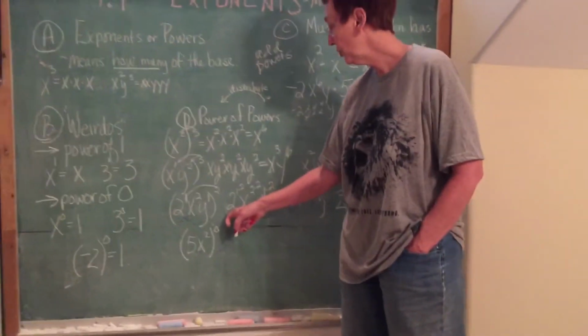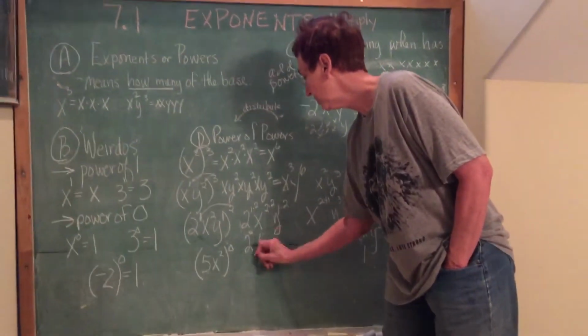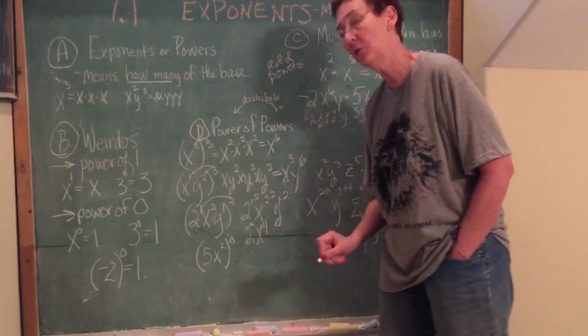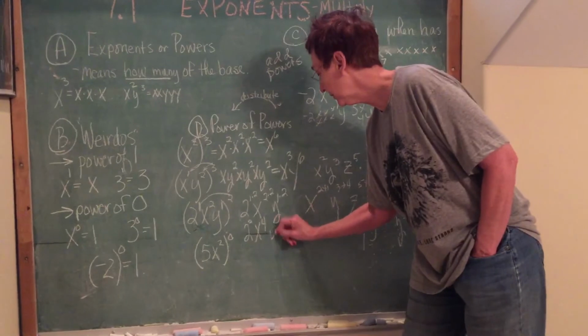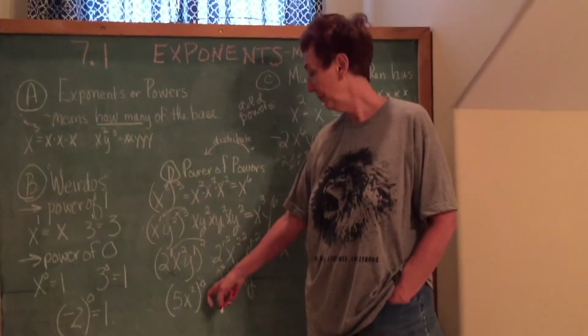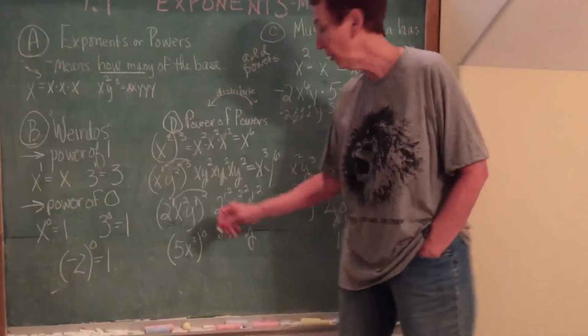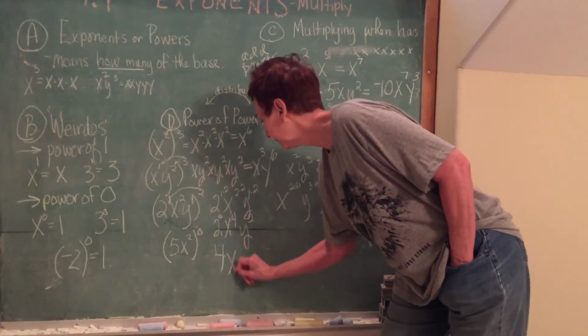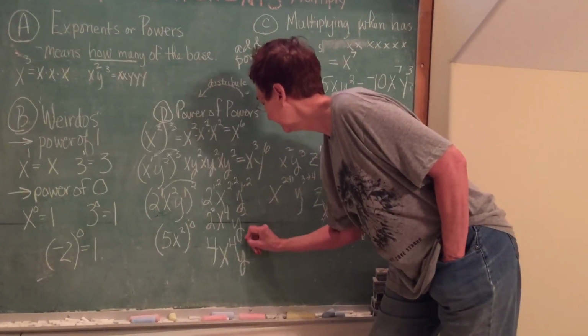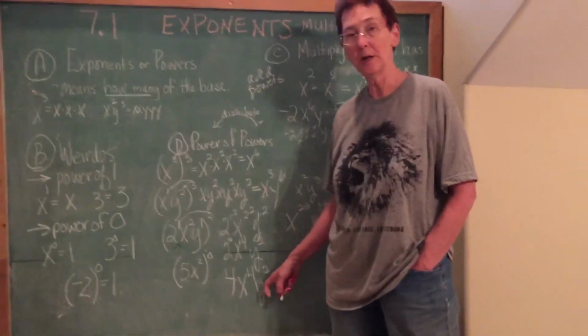So 2 to the 1 times 2 would be 2 squared. X to the 2 times 2 would be x to the 4th. And y to the 1 times 2 would be y squared. So this would be my basic answer. But I'm not going to leave a number with a power. What is 2 squared? Oh, well, that's 4. And so my final answer would be 4x to the 4th y squared.